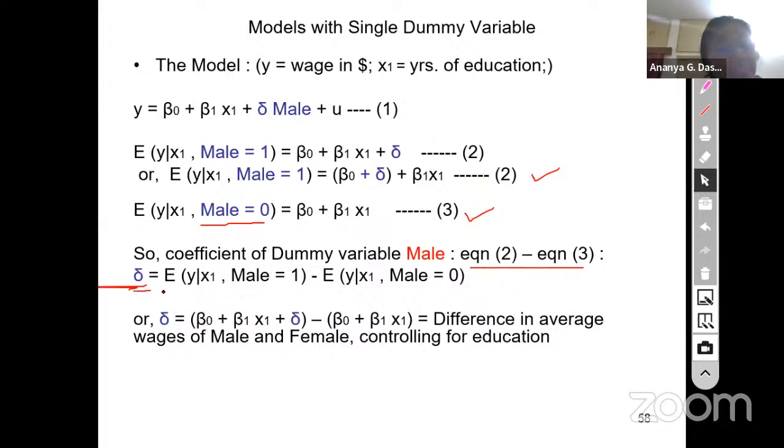So delta is giving you the difference in the average wage of a male minus the average wage of a female. Apart from all these lines and everything, this is really what you're after.